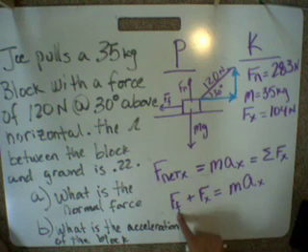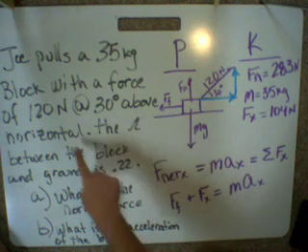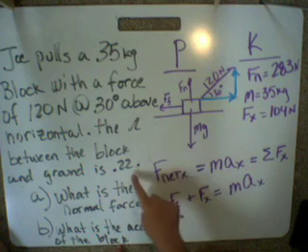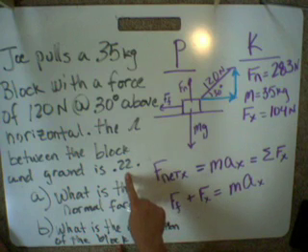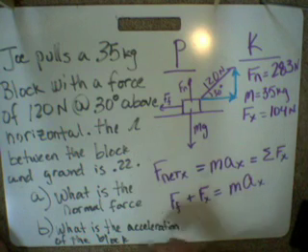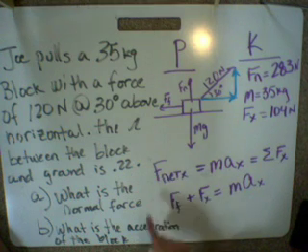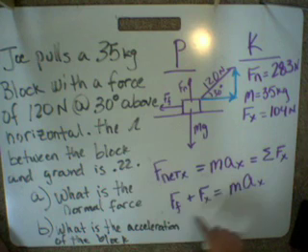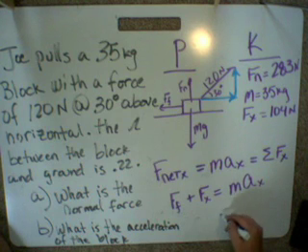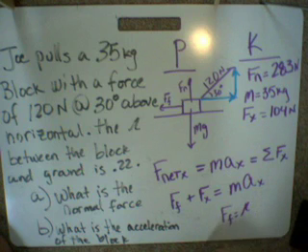Now, to find the force of friction, it was not given to us directly. It is not 0.22. In fact, in the problem, it only gave us that the coefficient of friction was 0.22. So how is that related to the force of friction? Well, we remember that the force of friction is equal to mu, the coefficient of friction, times the normal force.